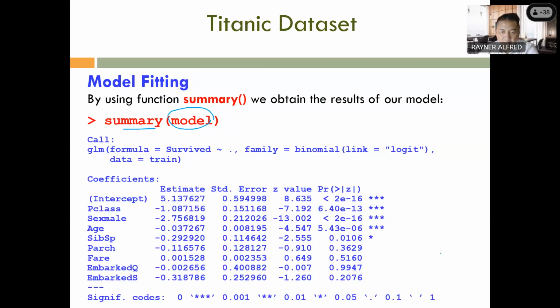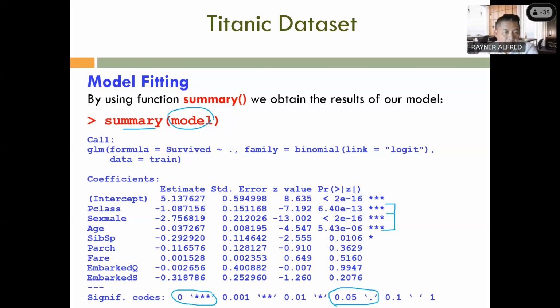Over here, they say that the gender and also the age are very significant because normally we use a p-value less than 0.05 to look at the level of confidence. But we see that we have 3 stars here. That means almost 100%. So we can determine here that, including this one again.